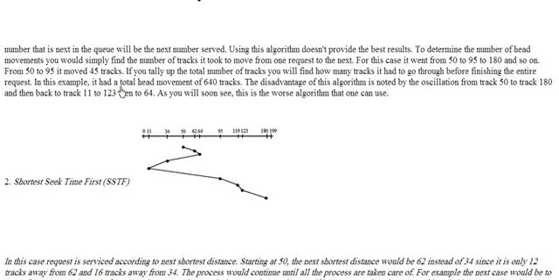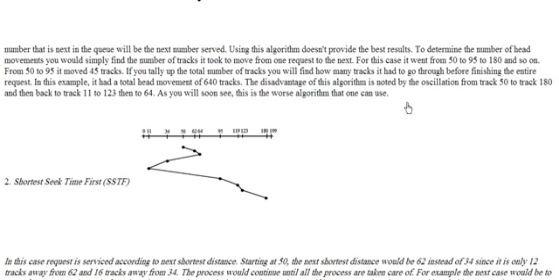So the disadvantage of this algorithm is noted by the oscillation from 50 to 95 and then back to 11, to 123, then to 64.